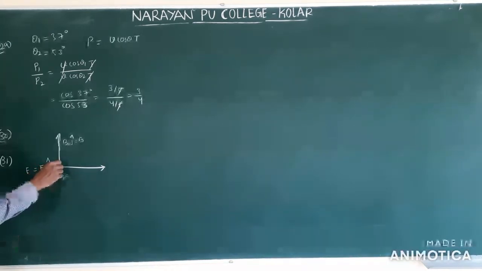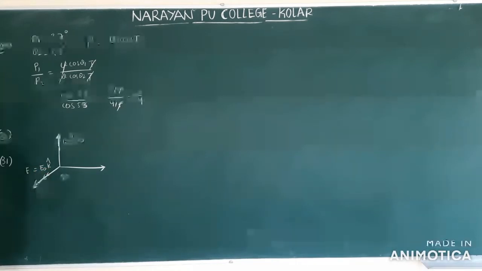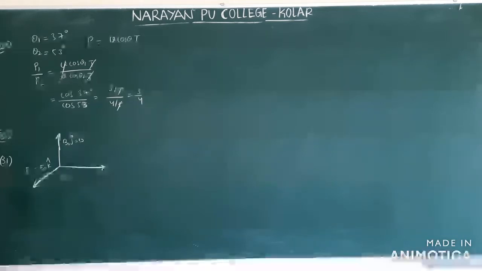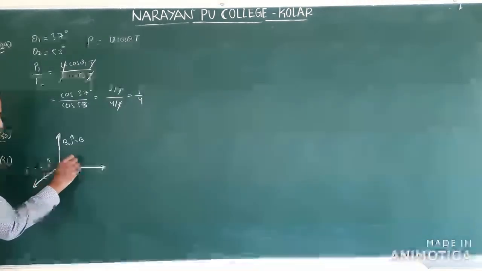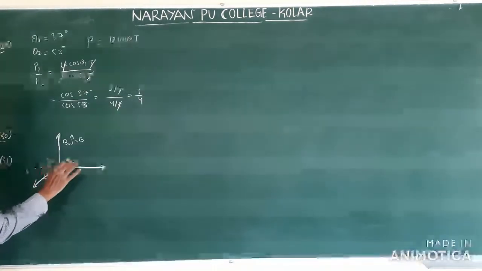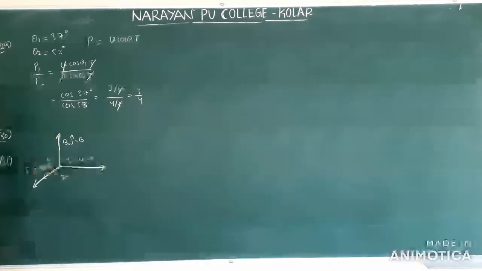So what happened? The electric field pulls the charged particle and the magnetic field deflects it. The particle of charge q is released from the origin, so initial velocity u is equal to 0.